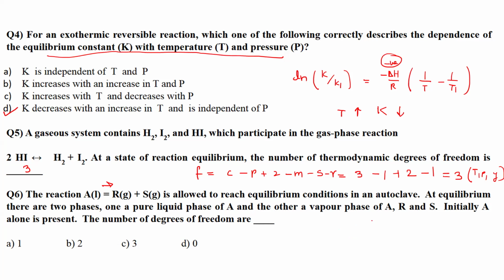The number of degrees of freedom is? So here I have the number of components as 3, minus 2 phases, plus 2, minus 1 reaction, equal to 2. And these are temperature and pressure, because anyway the mole fractions are connected between the two phases. Okay?